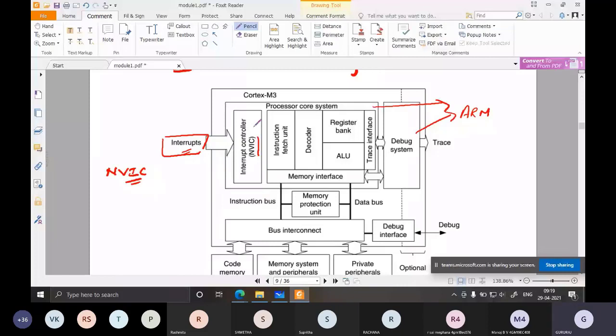Because there is a separate dedicated piece of hardware for a particular function, so obviously it will only do the job of that particular application, which is interrupts in this case. So the operation will be faster. There is no other job for it. It will handle only interrupts, hence it will handle them faster.